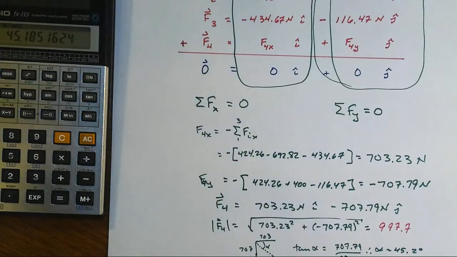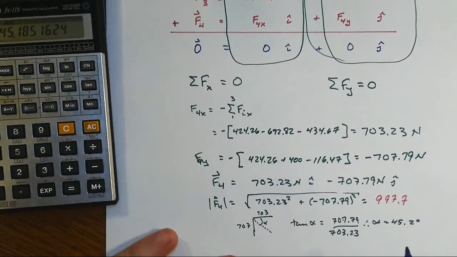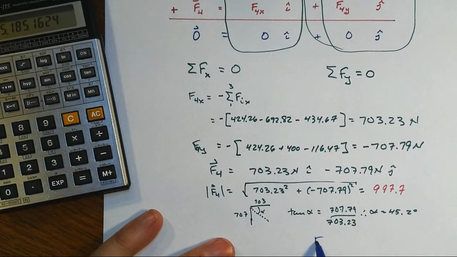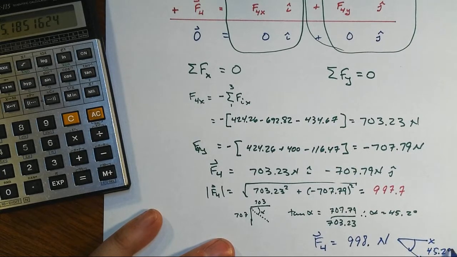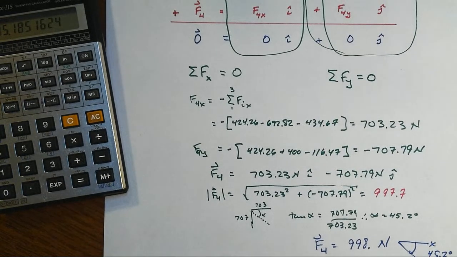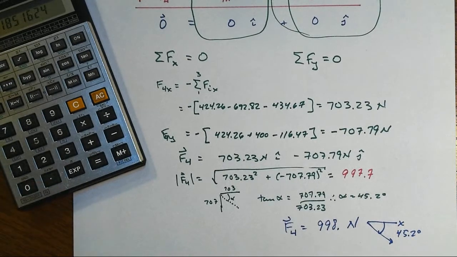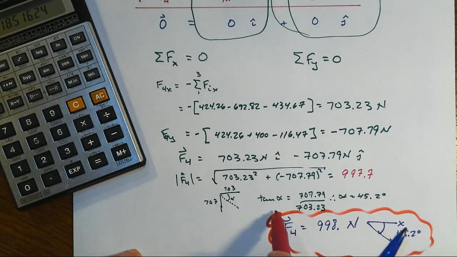So my answer that I prefer to work with here is the polar form of F4, that it equals 998 newtons acting clockwise from the positive x-axis at 45.2 degrees. Nothing starts with a 1, so we use 3 significant digits in our answer. And let's emphasize where our answer is and bubble that thing. Boom.